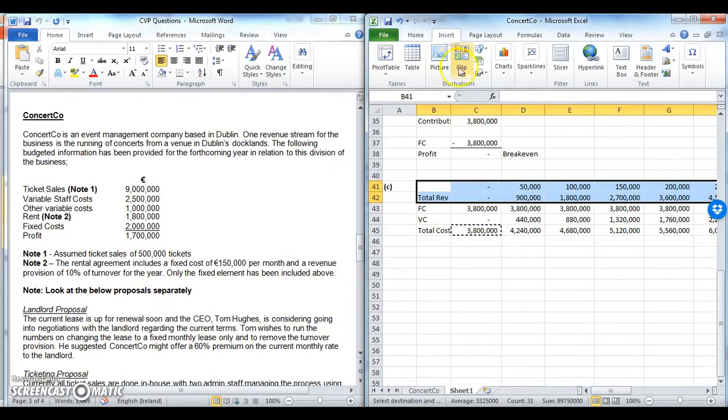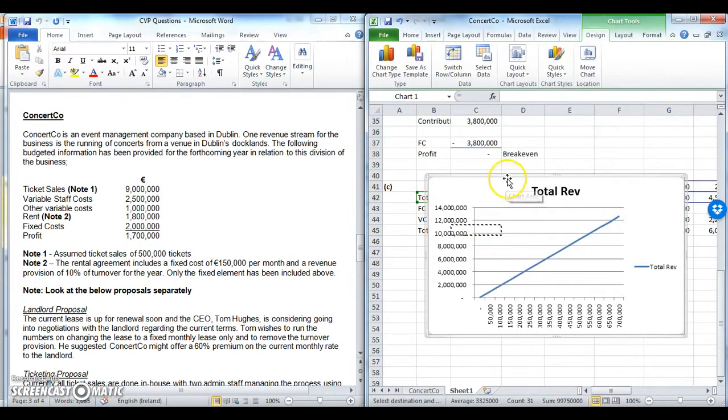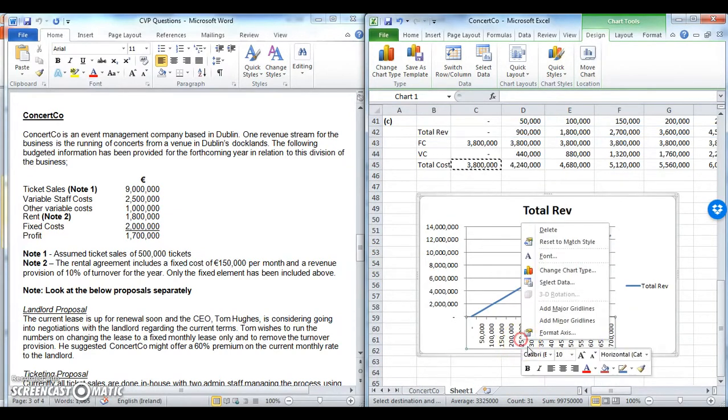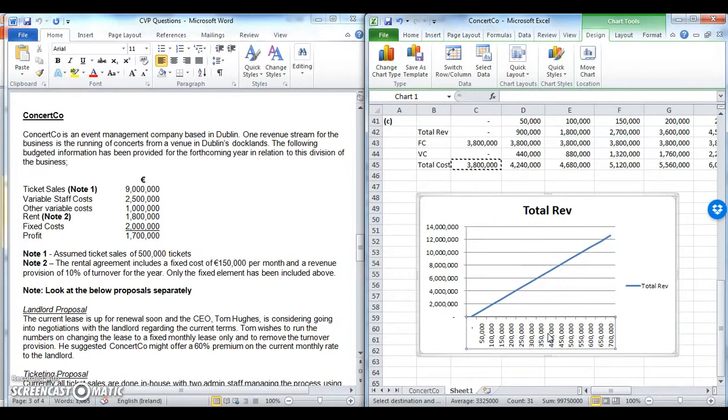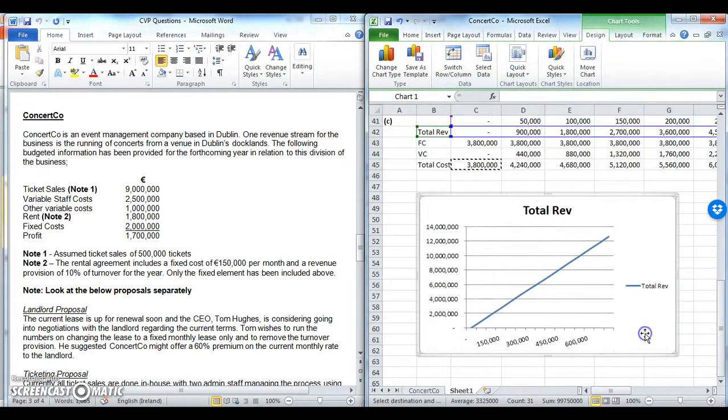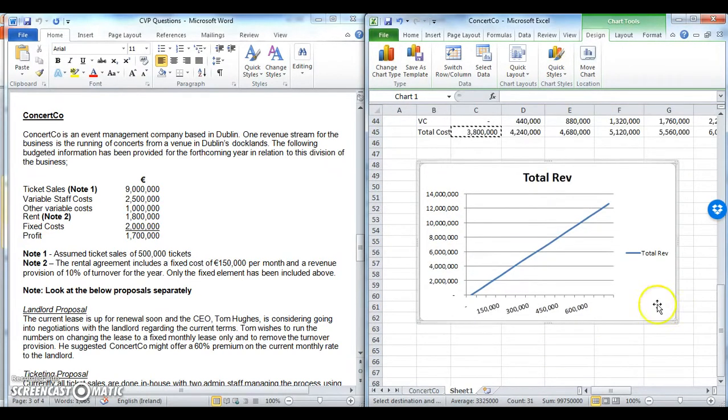So I go to insert, chart, a line chart is what we want, 2D line, and you can see here that is total revenue graphed, and you can format this axis if you want, just to make it look a bit nicer. So it just shows you different levels of activity. Again, it's just small here, so you won't see it's granular.